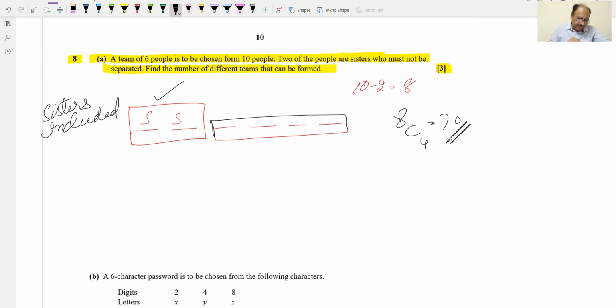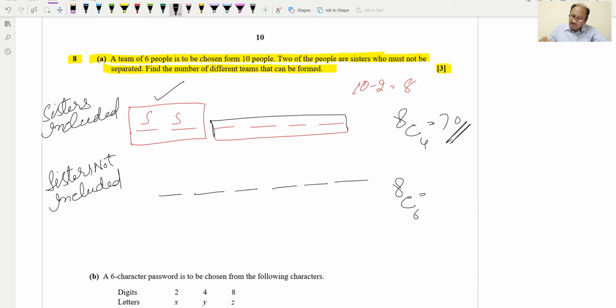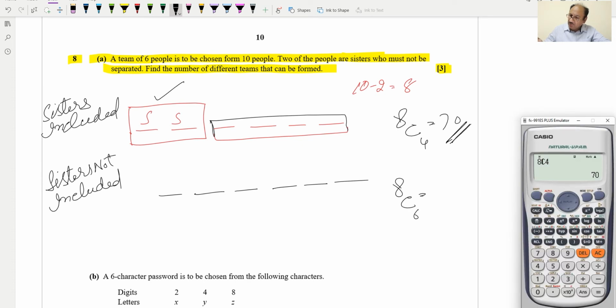Now if sisters are not included, then the situation will be that we have 6 places, and from 8 we have to choose 6, and 8C6 will be equal to 28.